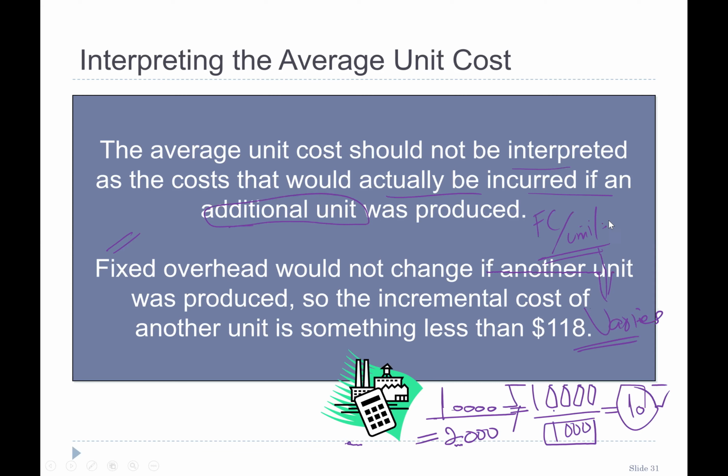So the incremental cost of another unit is something less than the 118. Why? Because in our job cost sheet, we saw that 236 was the total cost and we made 2 units. What if we make 3 units? Then the cost per unit decreases. That's what they are saying.